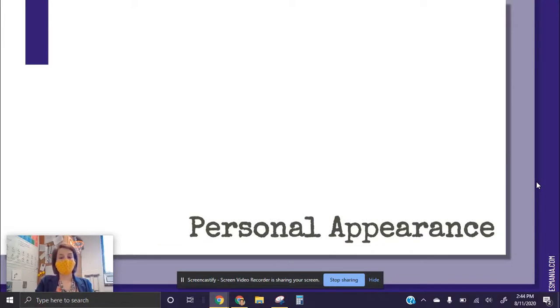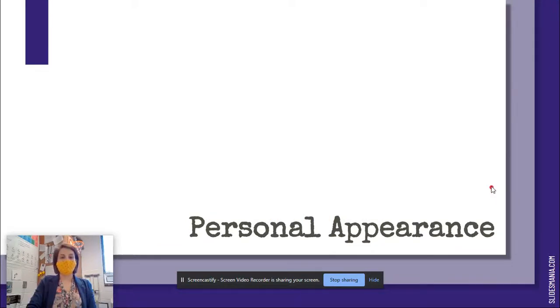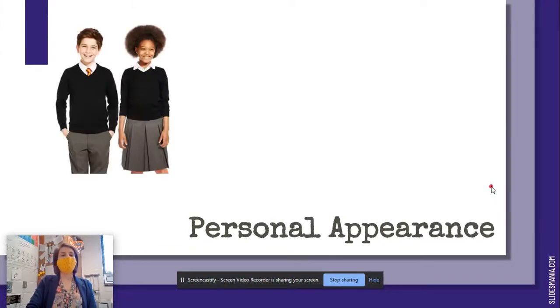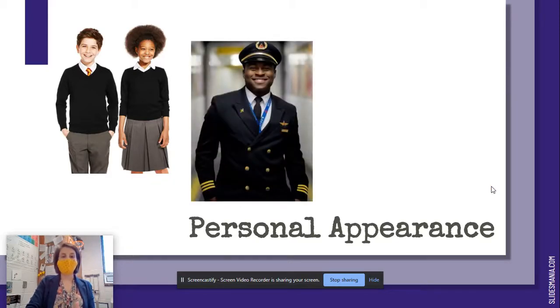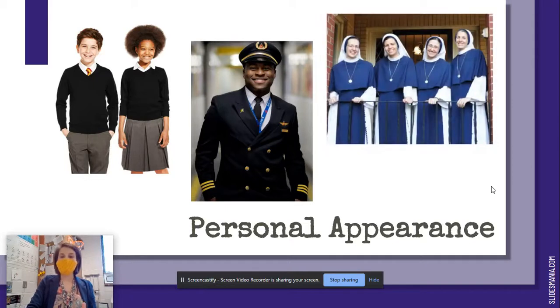So personal appearance. Okay, so we're going to talk about that. Okay, so looking at these children here, looking at this man here, and looking at these ladies here, can you tell me what they do or who are they? Okay, maybe not like name, like we don't know who they are, but can you tell me something about them based on their look?